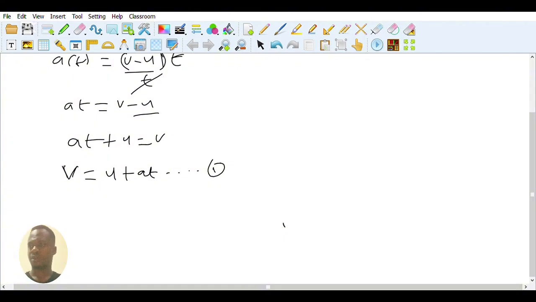Alright, so average velocity, written as V with a bar, is defined as initial velocity plus final velocity over 2.